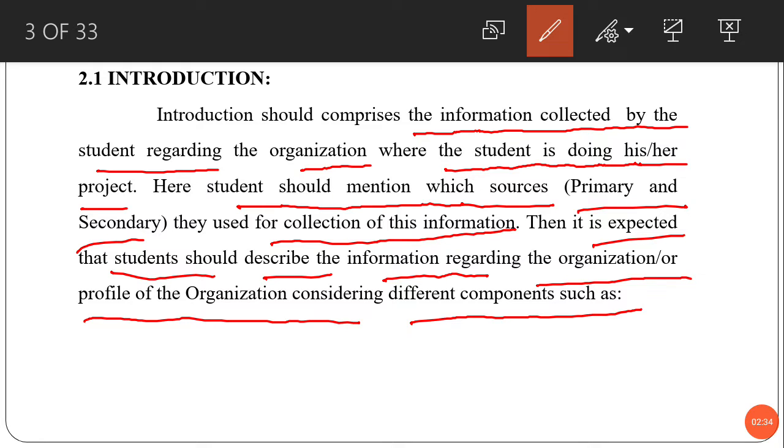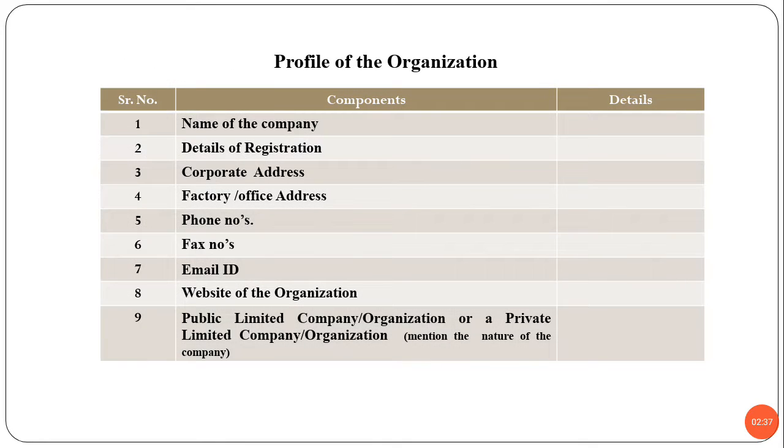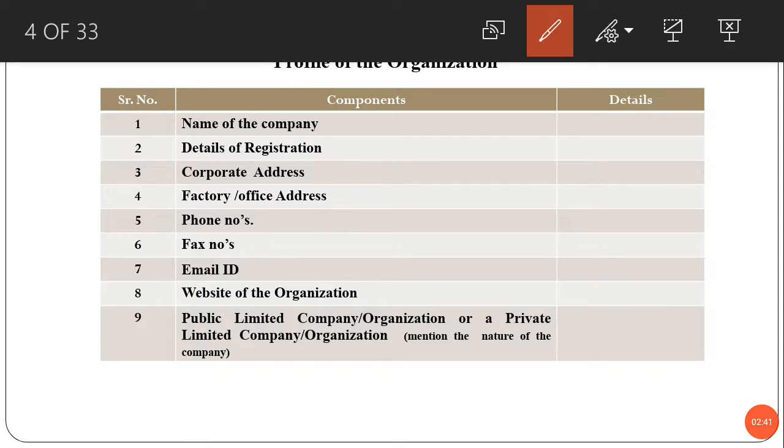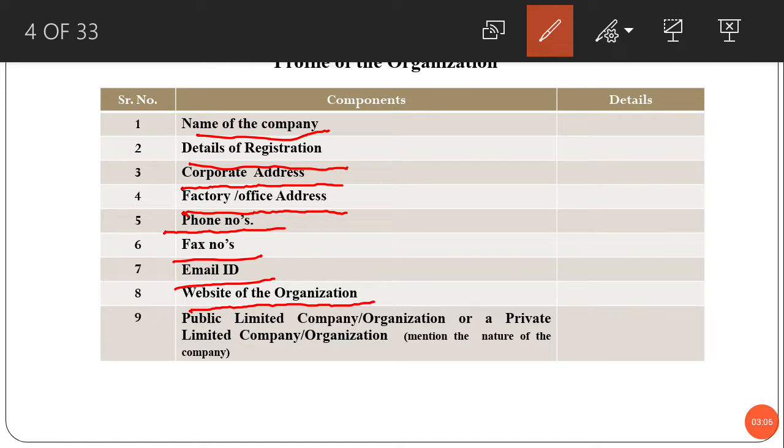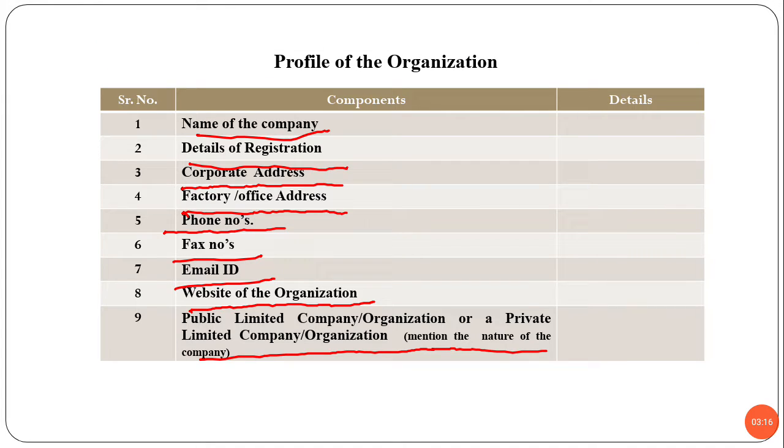Profile of the organization: 1, name of the company. 2, details of registration. 3, corporate address. 4, factory or office address. 5, phone numbers. 6, fax numbers. 7, email ID. 8, website of the organization. 9, public limited company or private limited company, mentioning the nature of the company.